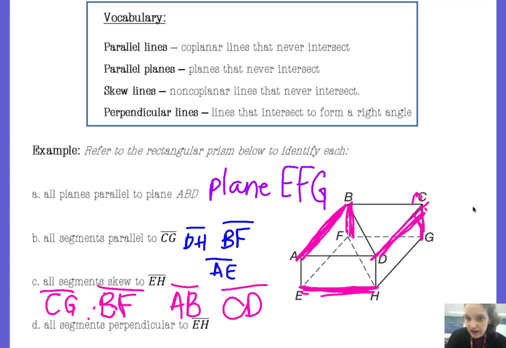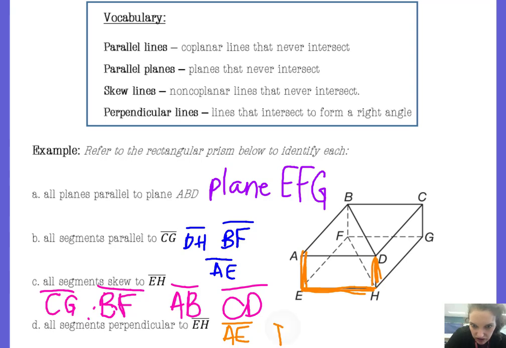Okay, and then the last vocab word is perpendicular, and perpendicular means that they are segments or lines that intersect to form a right angle. So if we're trying to figure out all the segments that are perpendicular to EH, that would be AE, because AE and EH are going to make a right angle. They're perpendicular. EH and DH are going to make a right angle.